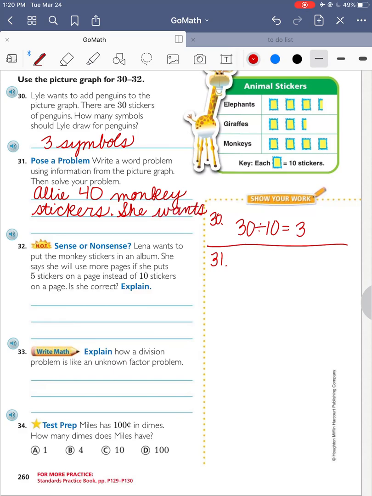She wants to put 5 stickers on each page of her sticker book.